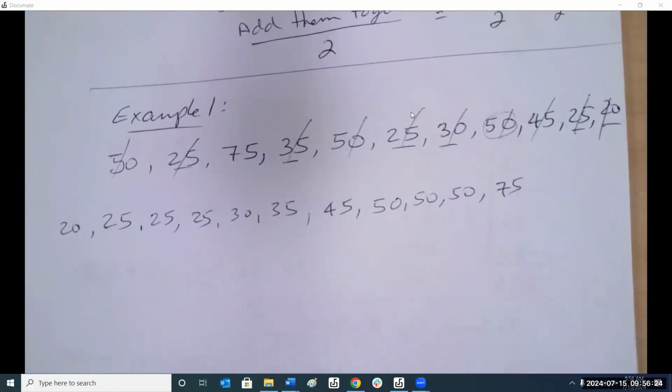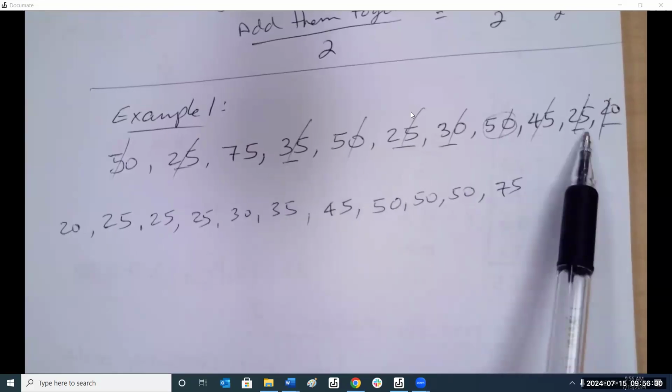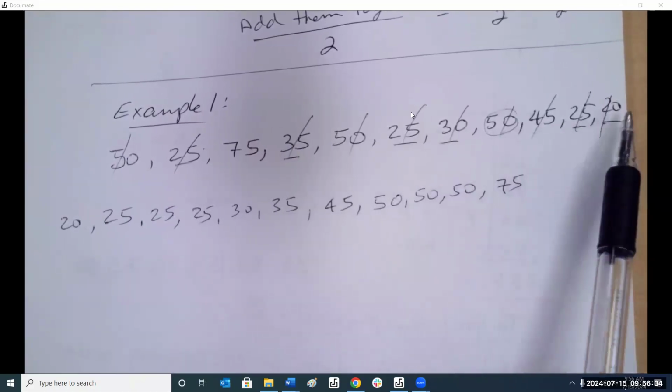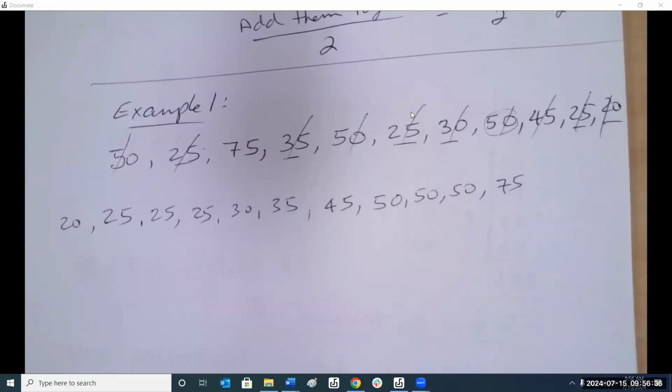Always make sure that you have the same number of data points you started off with. We started off with 11, and we ended up with 11.